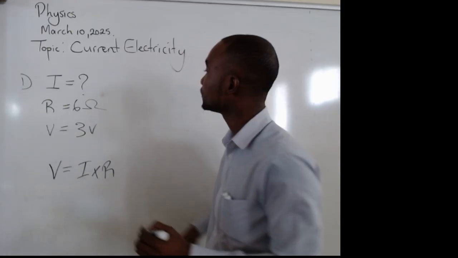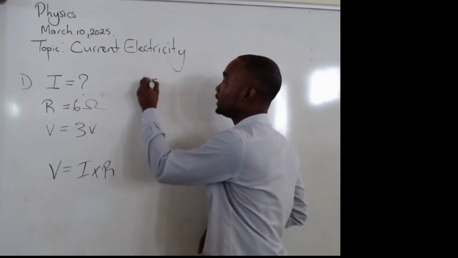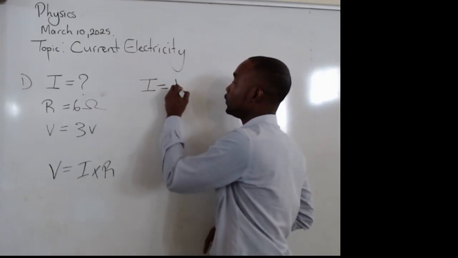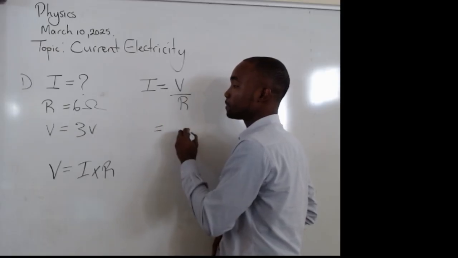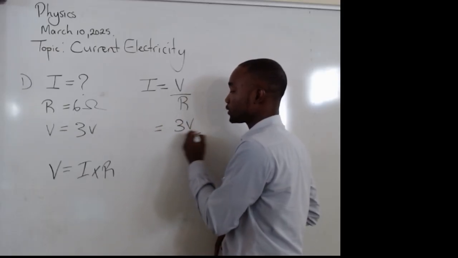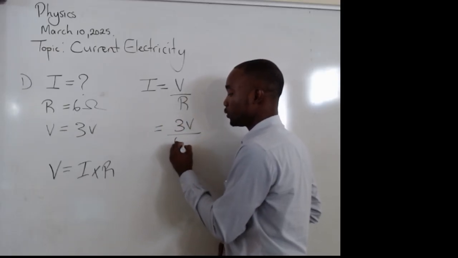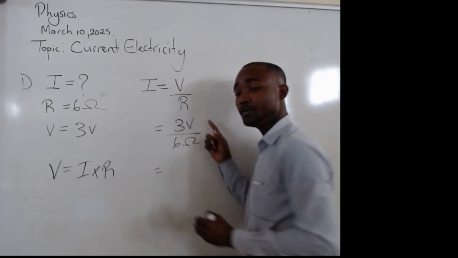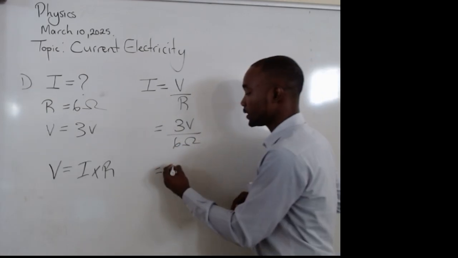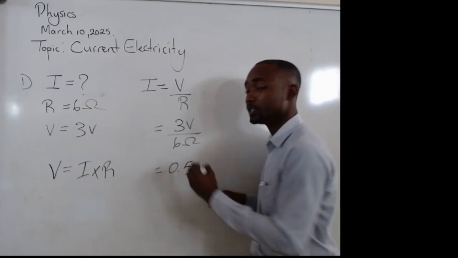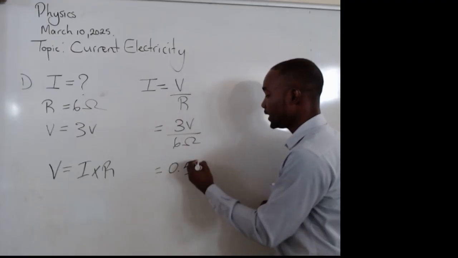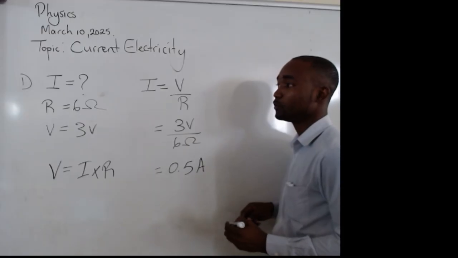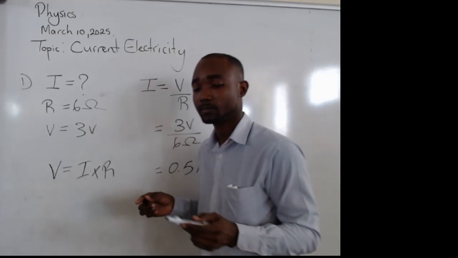So current, therefore, will be equal to voltage over resistance. Now, let us see. What's the voltage? 3 volts. Resistance, 6 ohms. Now, 3 divided by 6 will give us 0.5. The unit, not I, but A for amperes. 0.5 amperes.